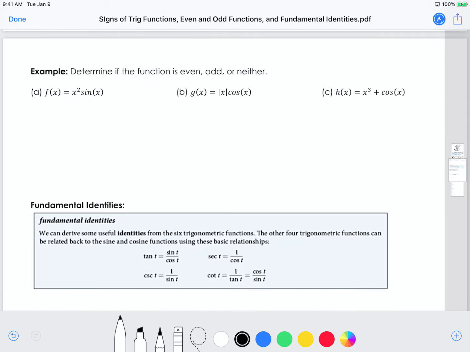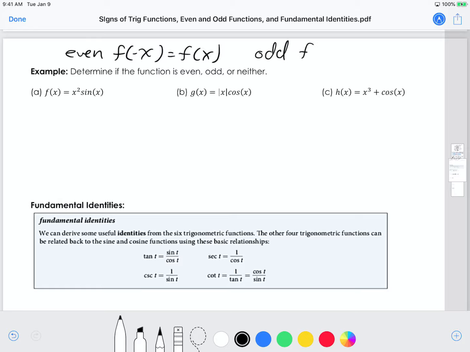So in these next 3 examples, A, B, and C, we are going to determine if the function is even, odd, or neither. So thinking back, a function is even if I replace x with negative x, and I get out the same value of the function. So whether I plug in a positive value of x or the negative value for x, I'm still going to get out the same value of the function.